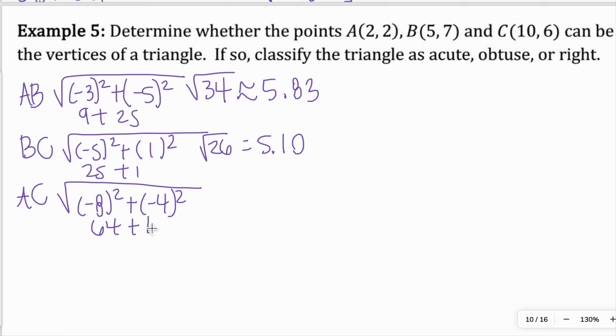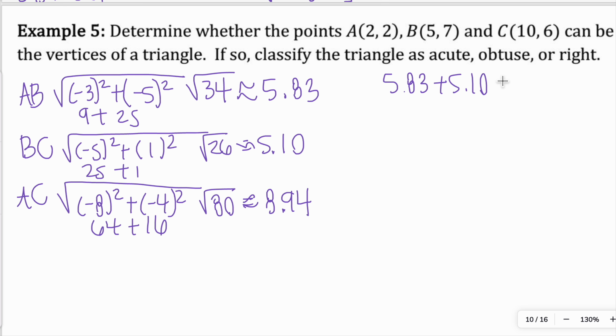So that's 64 plus 16, which is 80, or 4 square root 5, which is 8.94. And then I'm looking at, okay, 5.83, testing for triangle, plus 5.10, that is greater than 8.94. So yes, triangle, but now let's determine what it is.